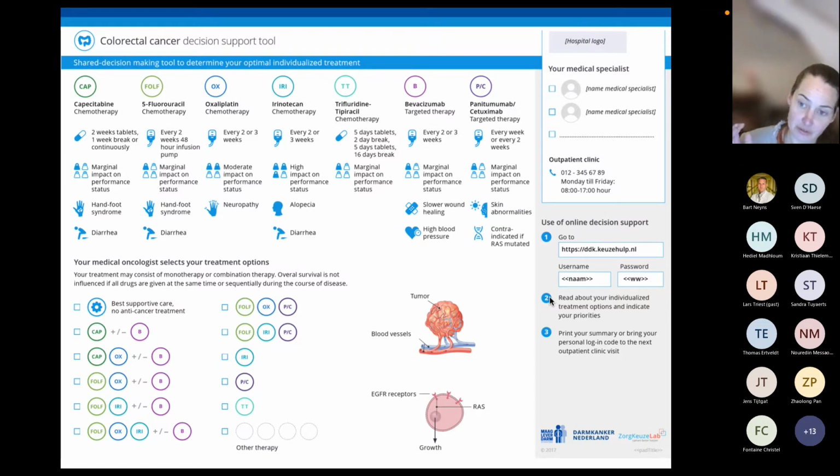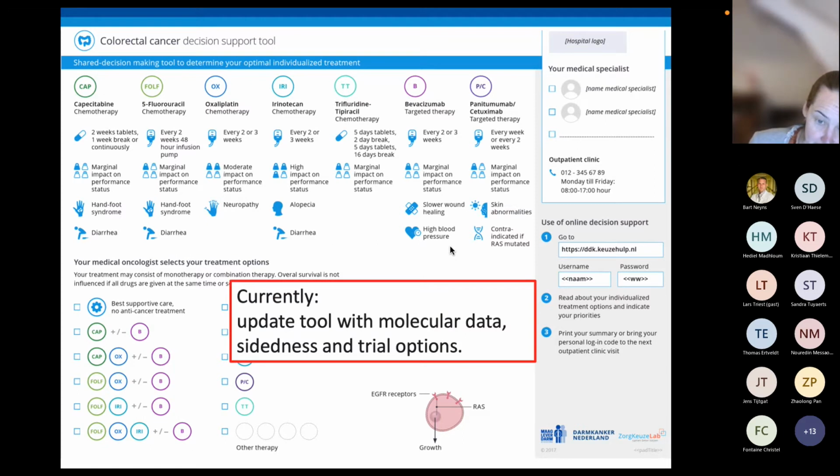And then a sort of summary rolls out of it from the website, and you can go over that with the patient again, and then together make a decision. We're currently updating this, and we are also trying to include a trial mode. So depending on specific characteristics, also trial options within the Netherlands will be included.